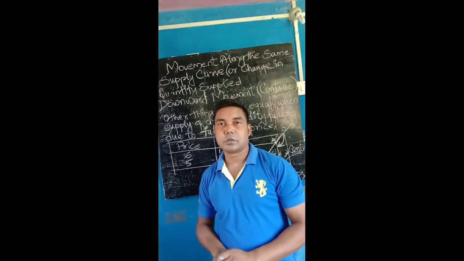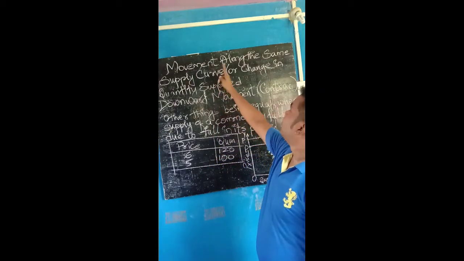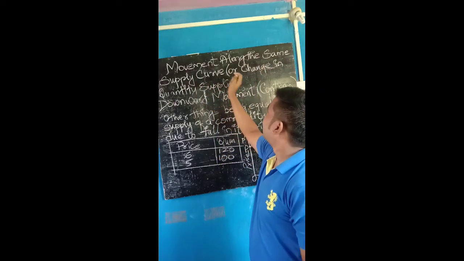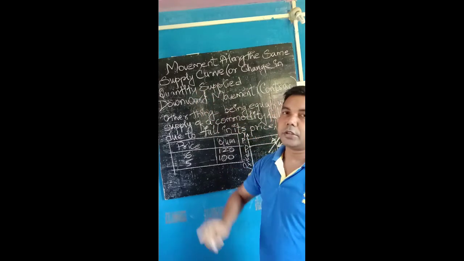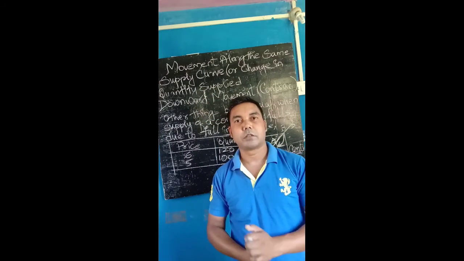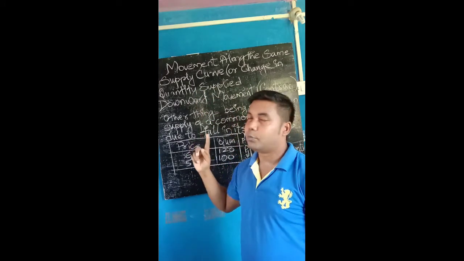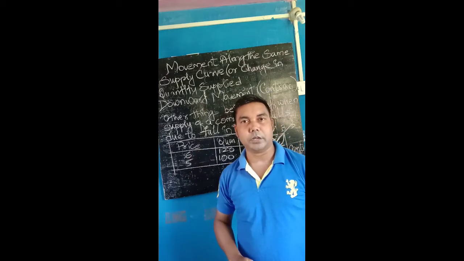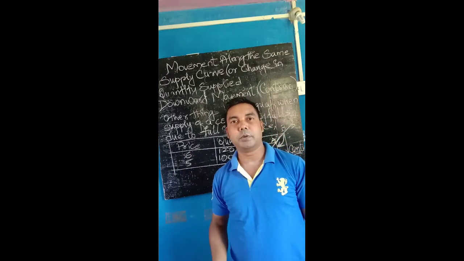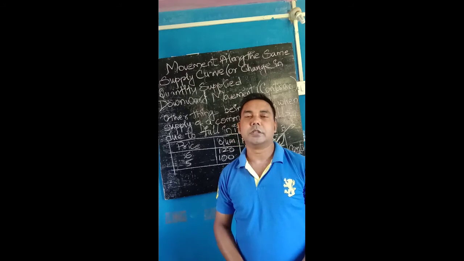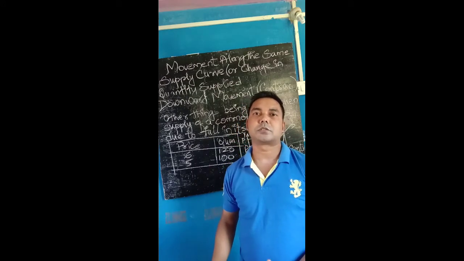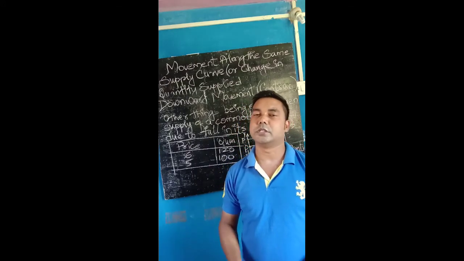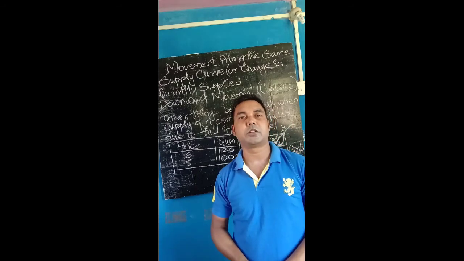So movement along the same supply curve, or change in the quantity supplied, has two types: upward movement and downward movement. Here the price of the commodity changes, but other factors remain constant.